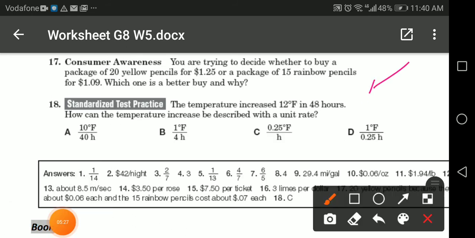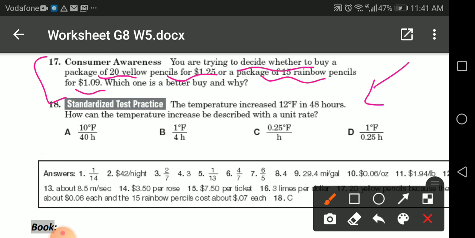Okay, so let's move on. We have number 17. It asks: you are trying to decide whether to buy a package of 20 yellow pencils for $1.25 or a package of 15 rainbow pencils for $1.09. Which is better to buy and why? So now we know why we study this.